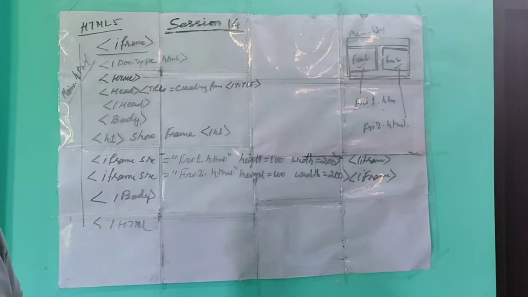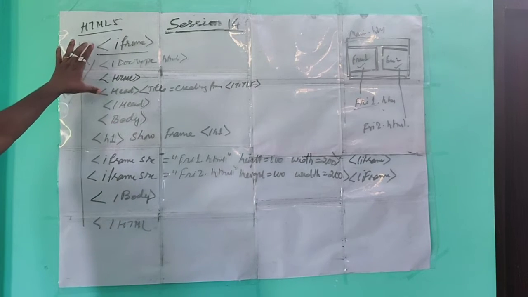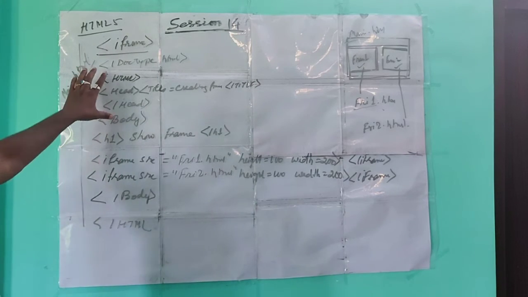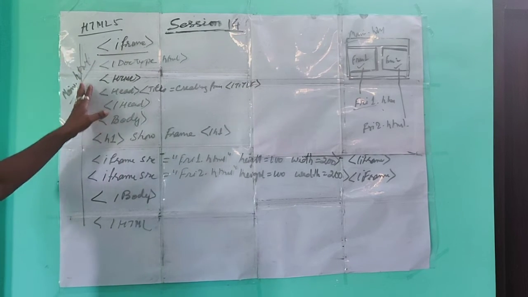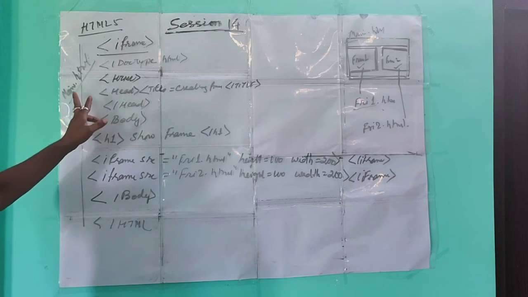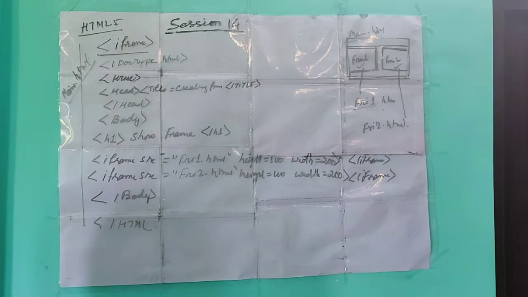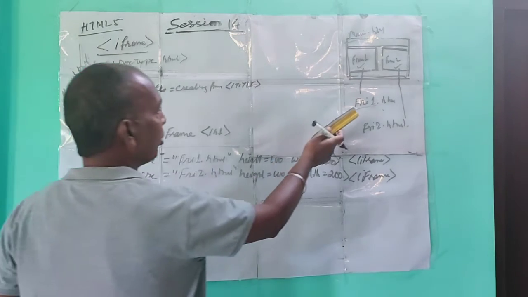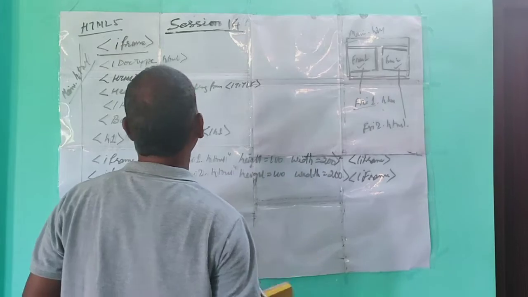Next we go for fri1. Create this one and save it. Don't forget to give the file name. So I am writing the program and giving the file name main.html. Next we have to create another document for fri1.